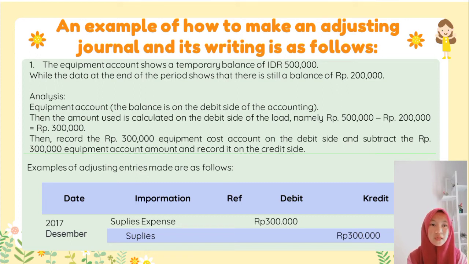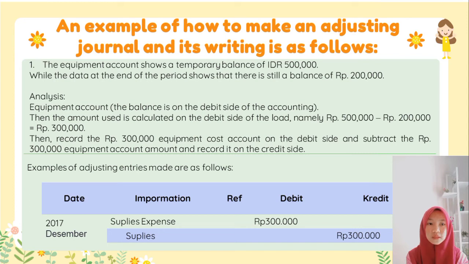1. The equipment account shows a temporary balance of 500, while the data at the end of the period show that there is still a balance of 200. Analysis: the equipment account balance is on the debit side. Then the amount used is calculated, namely 500 minus 200, which is 300.